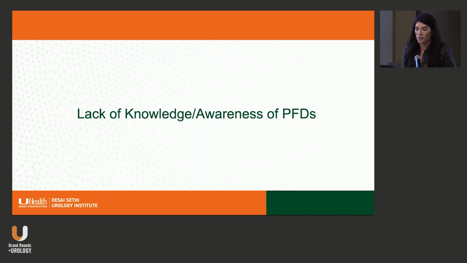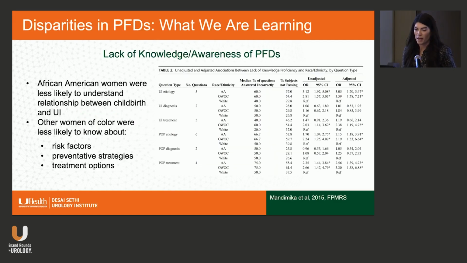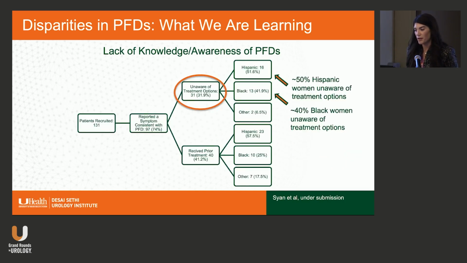And there's also a significant lack of knowledge and awareness among patients of pelvic floor disorders. African American women were less likely to understand a relationship between childbirth and urinary incontinence, and other women of color were also less likely to know about risk factors, preventative strategies, and treatment options. So the knowledge is different among minority and non-minority.